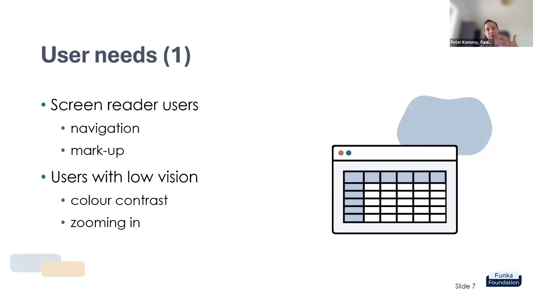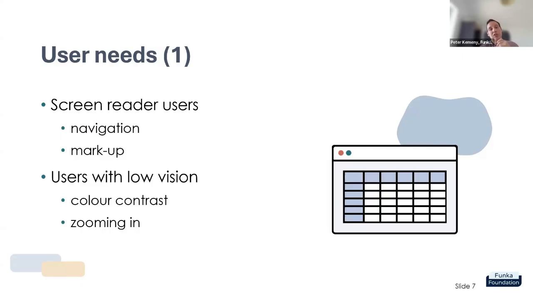But if you do that, then the shading should have the proper color contrast. So both shades should have enough contrast against the usually white data cells and the backgrounds. And then the text against this shading should have enough contrast as well.